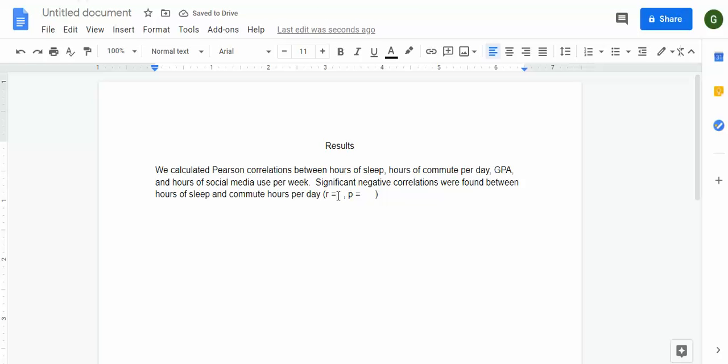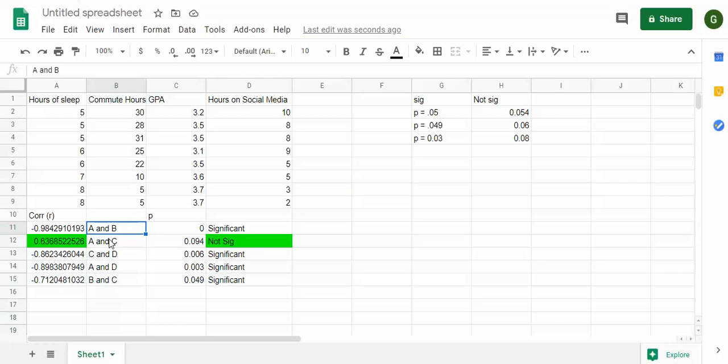And then put the R and the P, the correlation and the p-value. And in my directions, it explains how to do that. And they're just the same numbers that I have right here. I'm focusing on this, negative 0.98 and the 0. That's the one I'm talking about.